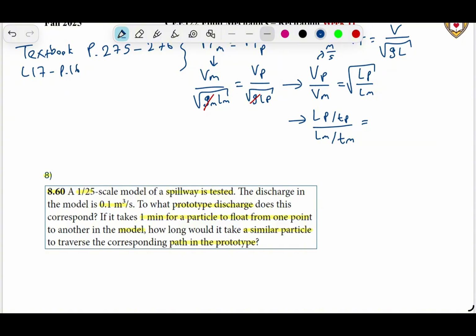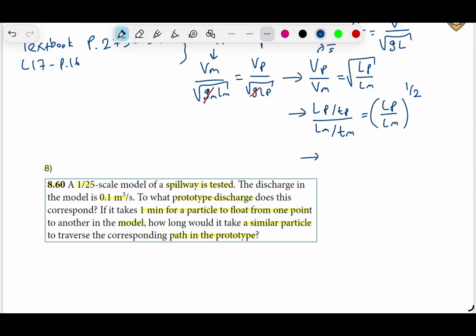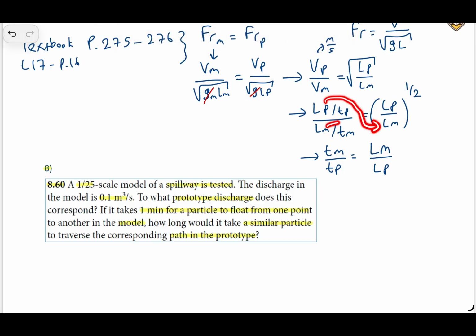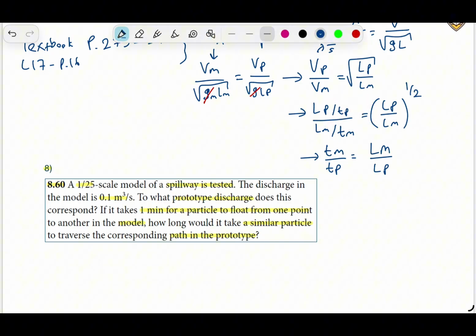So from here we will get Tm over Tp is equal to, so we have Lp coming here and we have Lm, and we also had Lp over Lm square root.